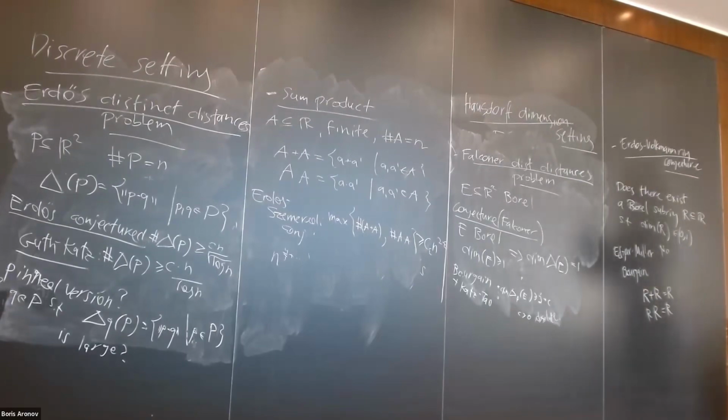In 2000, Katz and Tao, in a paper, introduced a third setting that one can think of as an in-between setting, called the discretized setting, where they showed some connection between the two settings.